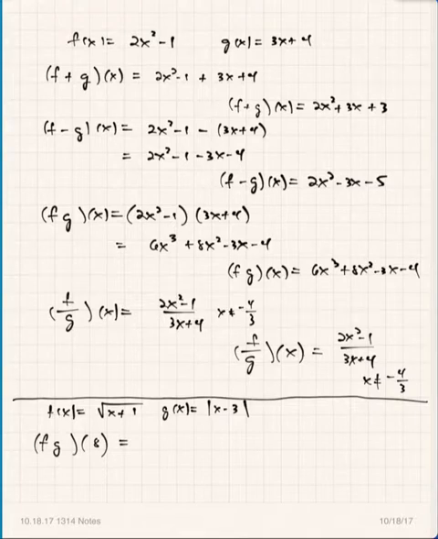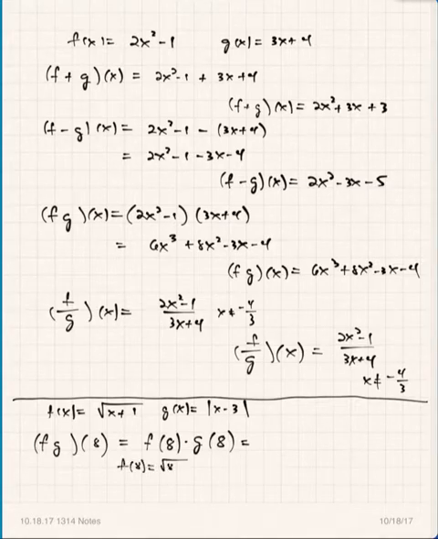Fg of 8 is defined to be f of 8 times g of 8, right? That it's the multiplication function. So you're just taking both f and g and evaluating them at 8 and then calculating the result. So f of 8, what's f of 8 equal to? Underneath, this is the square root of 8 plus 1, or the square root of 9, or 3.